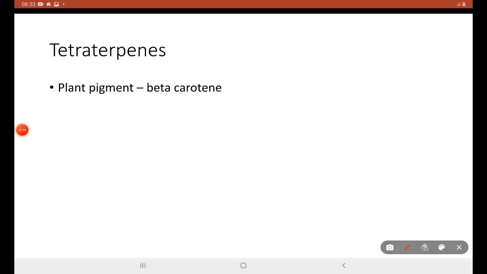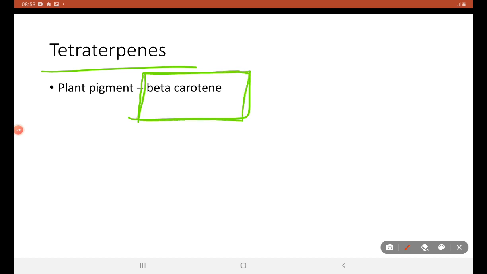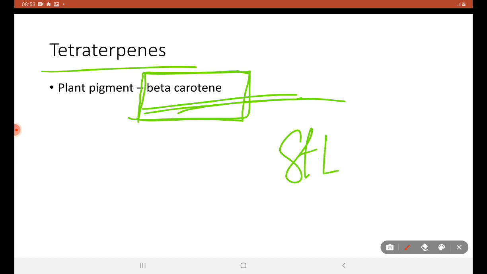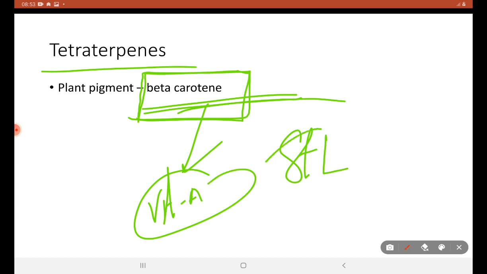Next we are going to see tetraterpene. Plant pigment, beta carotene. Beta carotene is seen in so many cases, given in the case of strigolactone, vitamin A, and all these.